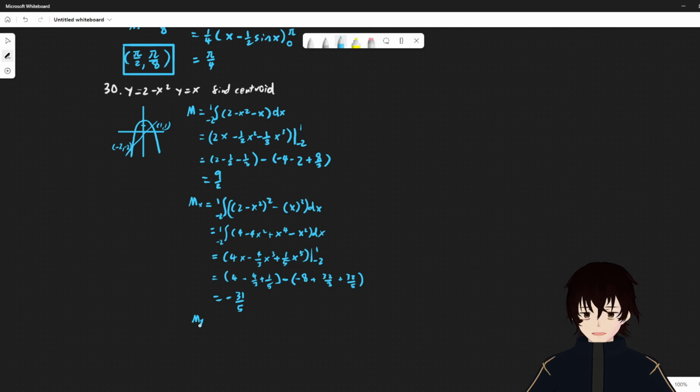My, on the other hand, should be a bit easier to solve because it's just -2, 1, and x times, I think my brain stopped functioning.